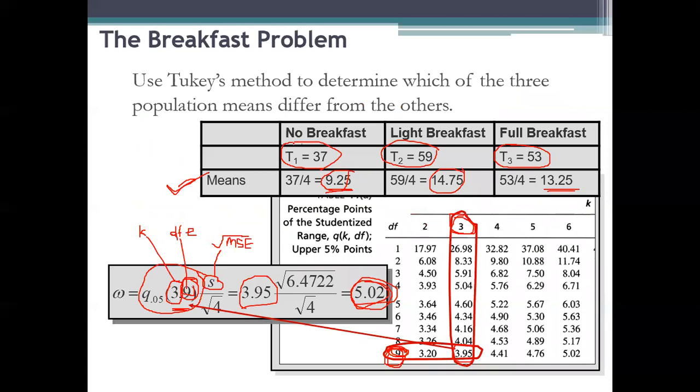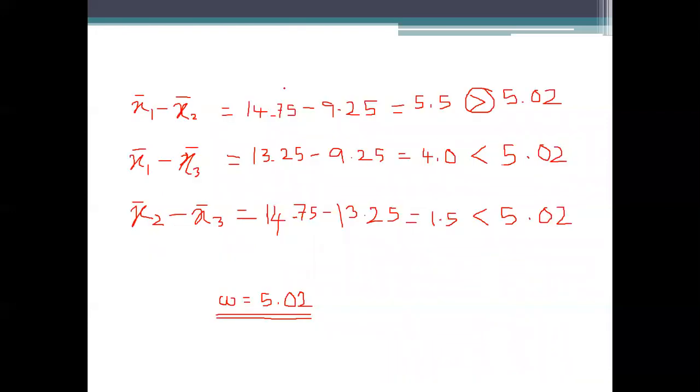We have 3 now. T1 is no breakfast, late breakfast is T2, and full breakfast is T3. Okay, so now we are going to compare. X can also refer to T, so if you want to use X for the average, it is also okay.